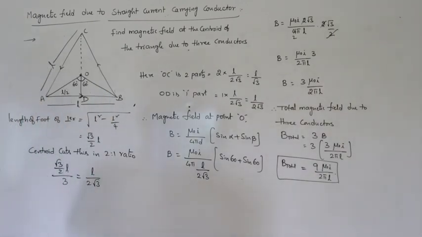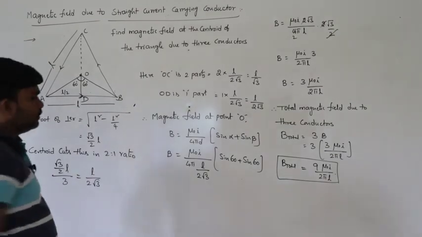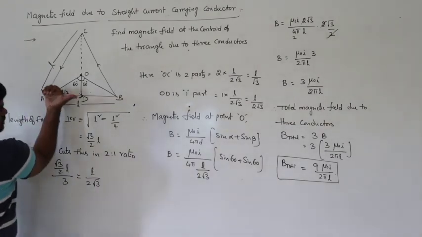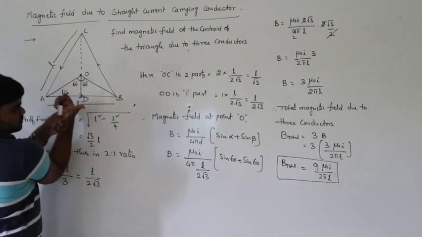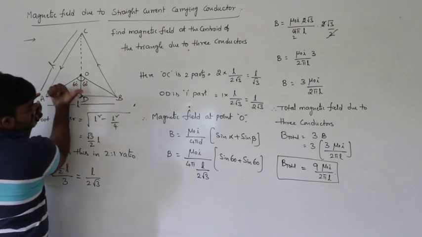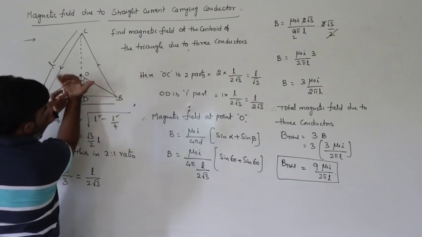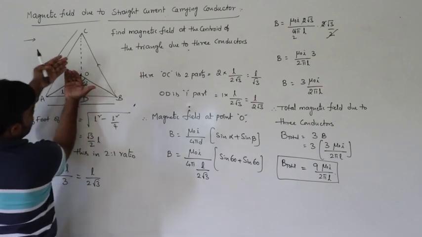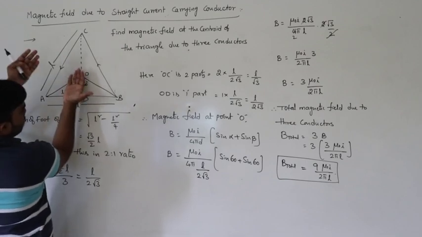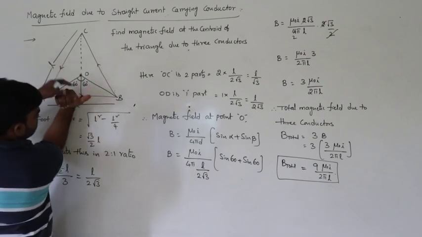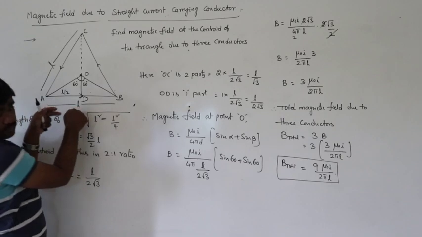Then what is the direction of the magnetic field? That is important. Here this is a straight current carrying conductor, that means the thumb indicates the direction of the current, and above this conductor, what is the curling of the fingers? Outwards. Above the conductor it is outwards, below the conductor inwards.